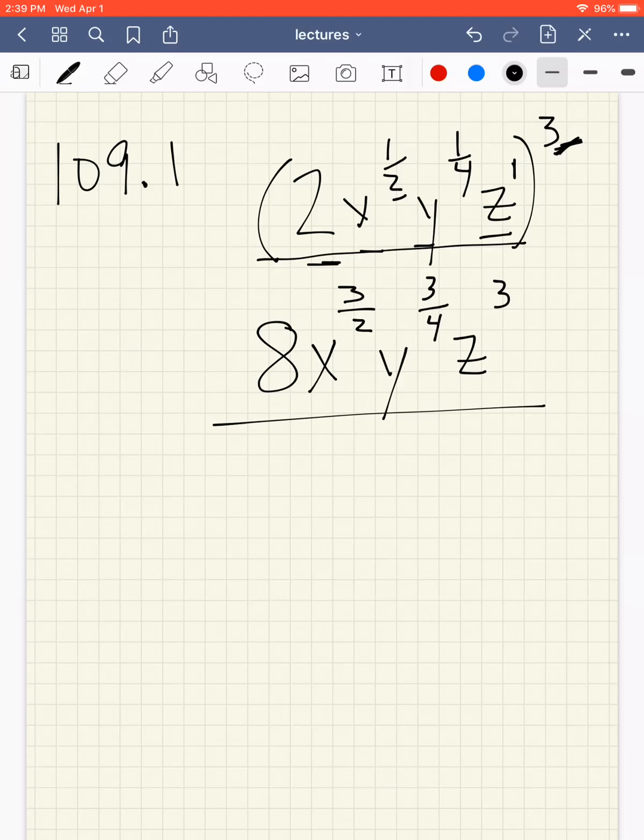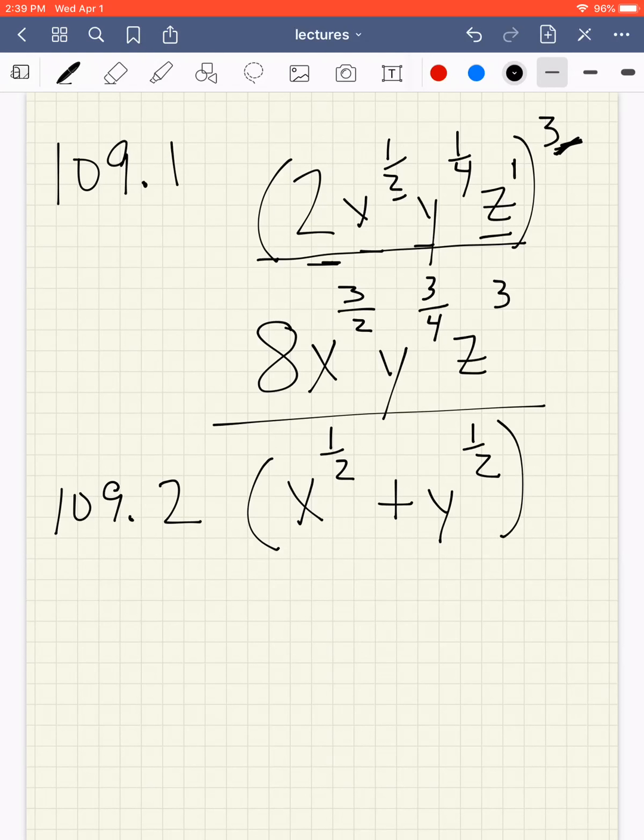Now I stress the single term because in the next one we have x to the 1/2 plus y to the 1/2, and that is raised to the second power. How many terms are in that parentheses? There's 2, right? So it's a binomial.